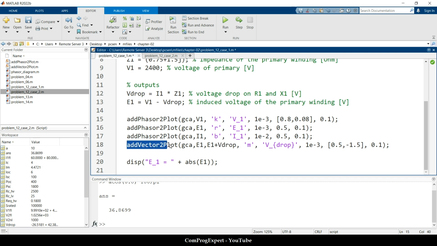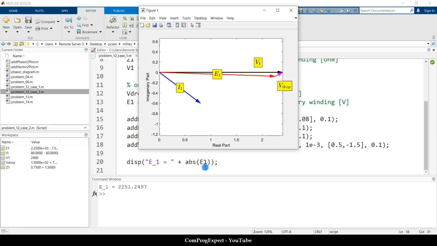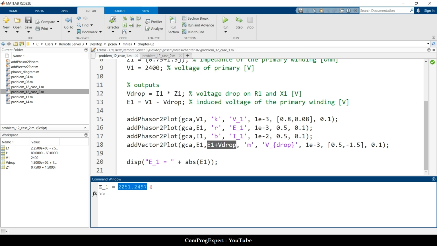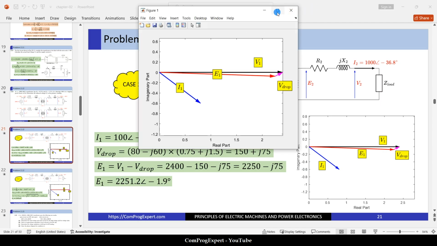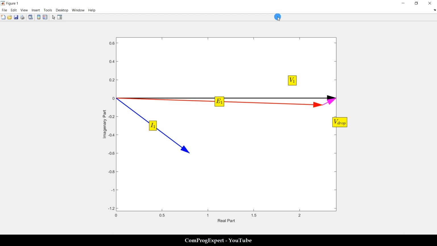Also, here I used this function add vector to plot the voltage drop vector. In this case, you need to specify the start point and the end point of the vector. So if I run this M file, here you can see the amplitude of E1. Yes, we calculated the amplitude of E1 here. And this is the phasor diagram.